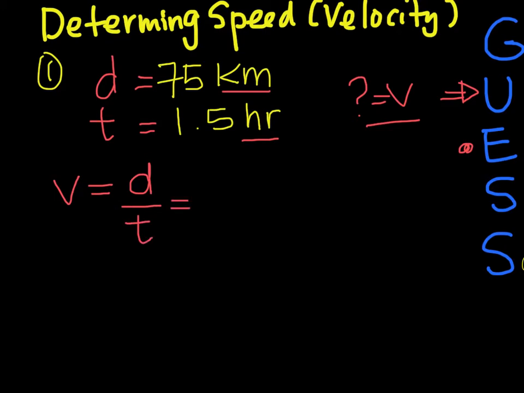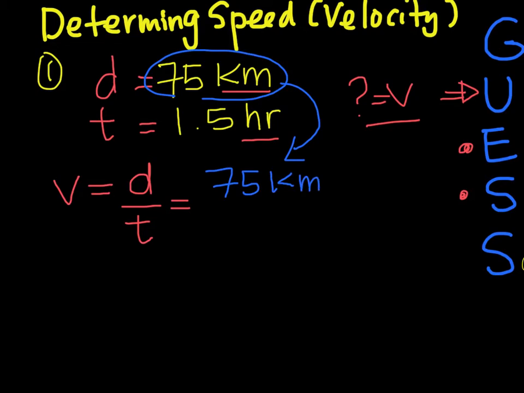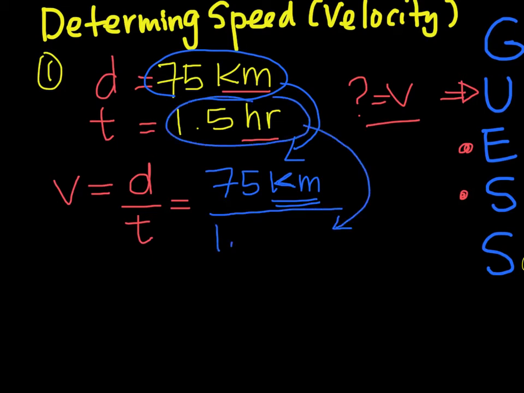So now the second S is substitute. So all we're going to do is take distance, which is 75 kilometers, and bring it down here, 75 kilometers. Make sure you're using your units. And then we're going to bring 1.5 hours, which is time. Make sure you're using your units.